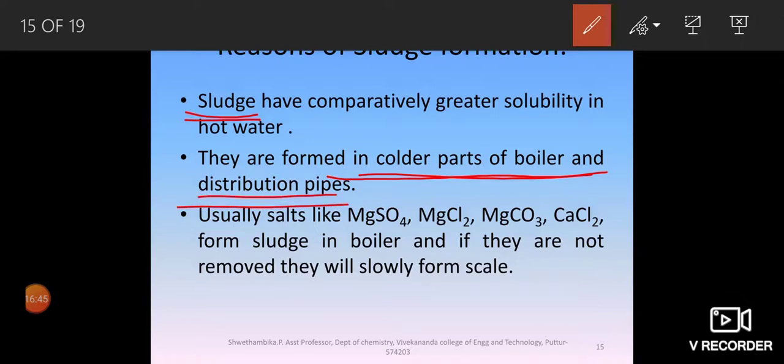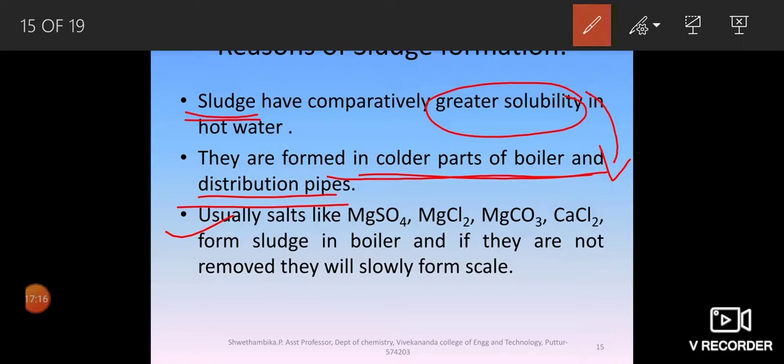I hope you are getting it. In the main boiler body, precipitation takes place, but since they have greater solubility, they don't precipitate in the boiler main body. In turn, they travel to the colder part of the boiler and precipitate there. Some of the salts that may precipitate this way are magnesium sulfate, magnesium chloride, magnesium carbonate and calcium carbonate.